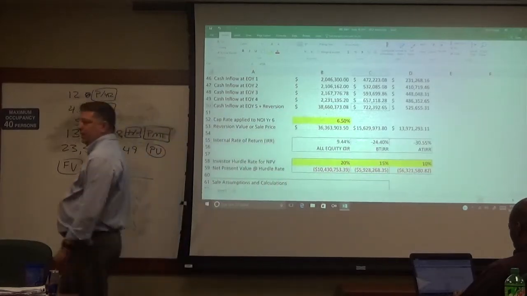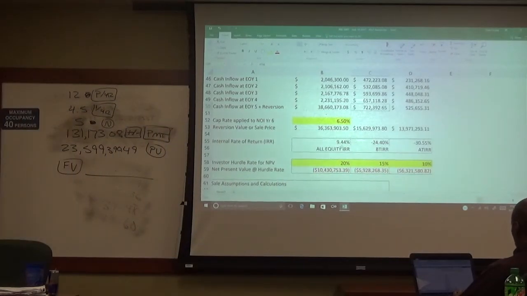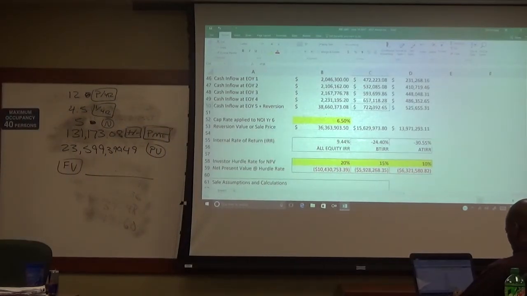So what I would do is just simply go up, in this case, to let's say cell C50, and then add the 15,629,73.80 from cell C53. Boom, done on that one. Now my numbers should match what's on the page for that one. Same thing for D. Add in that reversion. Boom.